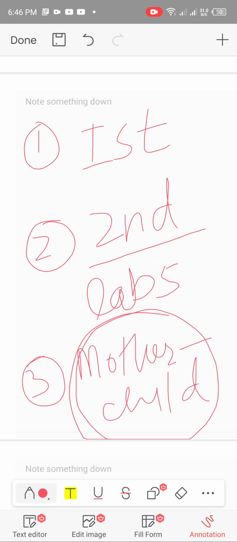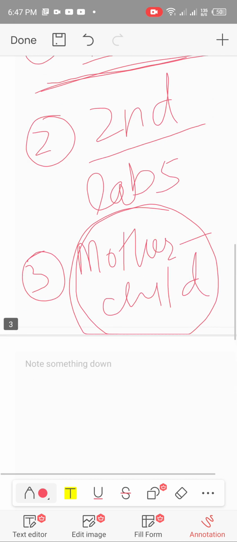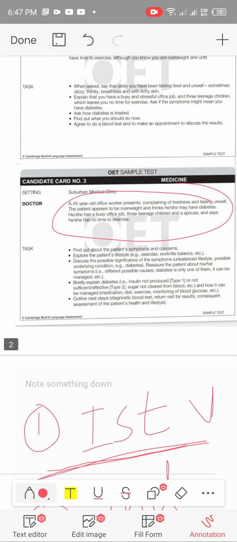Say, for example, that someone is coming to you for the first time, so it's a first visit. You can say, hi, my name is Dr. X, and I'm one of the doctors working at this medical clinic, or this GP clinic, whatever is given in your setting.